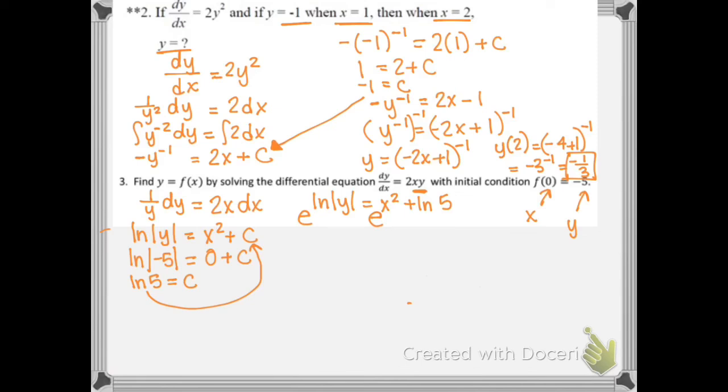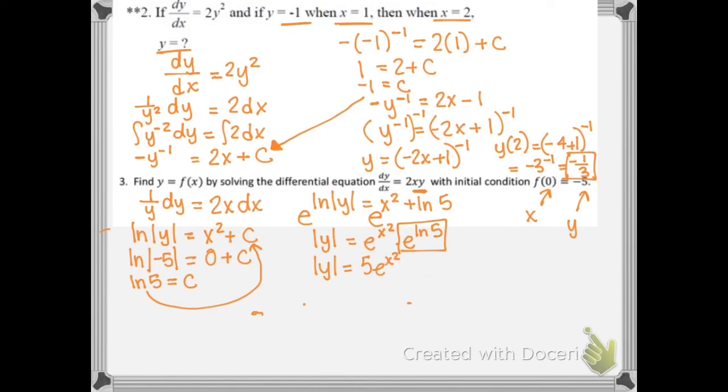And so we get absolute value of y is equal to, and now at the very beginning of the lesson, I taught you that you could separate these two into something like e to the x squared times e to the ln 5. So this guy here, that just simplifies to 5, and that becomes our coefficient. So we have the absolute value of y is equal to 5e to the x squared.